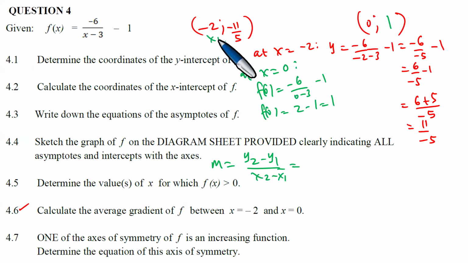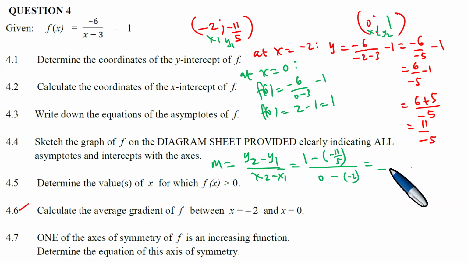This is x1, y1, and this is x2, y2. And y2 is 1, y1 is -11 over 5 divided by x2, which is 0 minus 2. In which case it is exactly 2, and you have 1 plus 11 out of 5. And this is 5 plus 11 out of 10, and therefore it is exactly 16 out of 10.